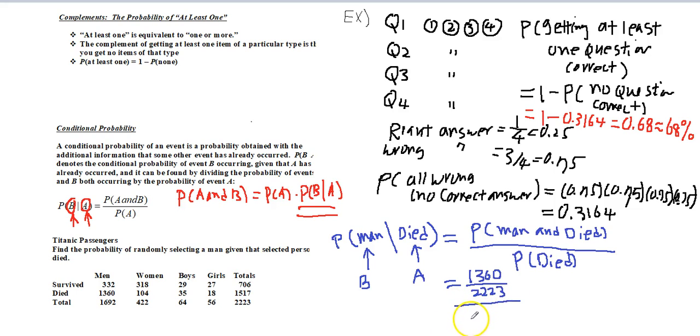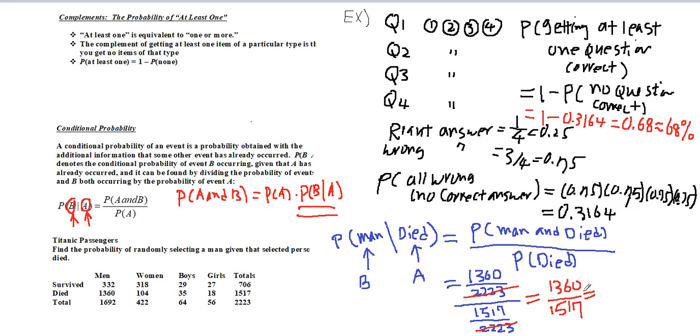Then the total people killed is 1517. So you got 1517 divided by 2223. Now you can cancel out the 2223. So now this becomes 1360 divided by 1517.